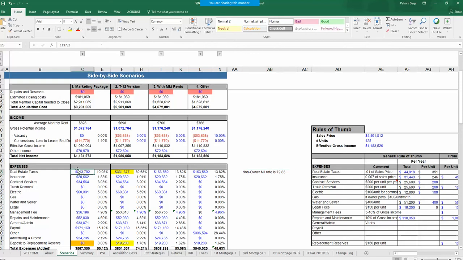You're going from the realtor's 113 now to 331. Even in their pro forma, he has the taxes at 135, which, again, question? Go ahead.